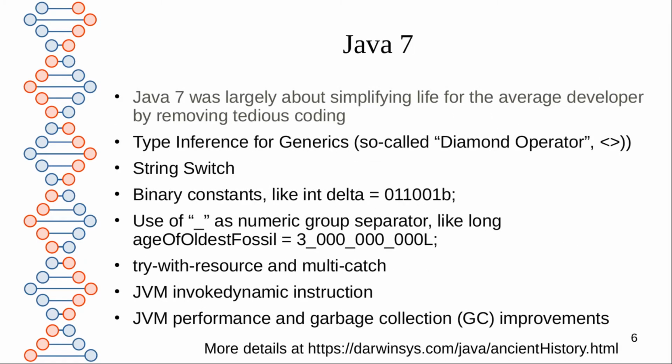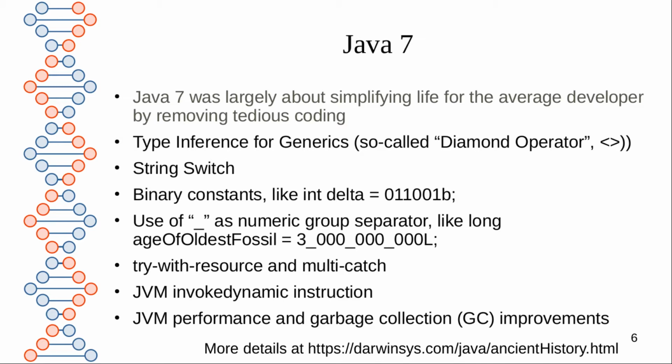The next release I'll talk about was Java 7, which was mainly there for simplifying code for the average developer by removing tedious coding, which is a theme that we'll run into several times today because there's been a tendency over time to move in that direction. The first one in that instance is type inference for generics, or the so-called diamond operator.